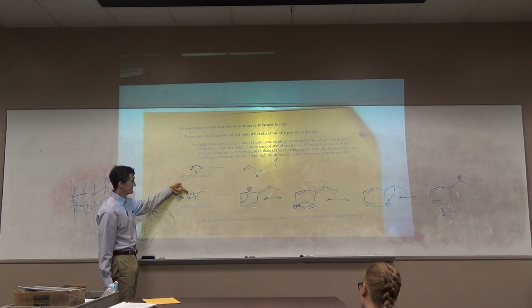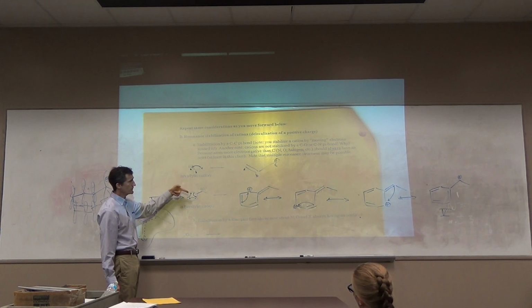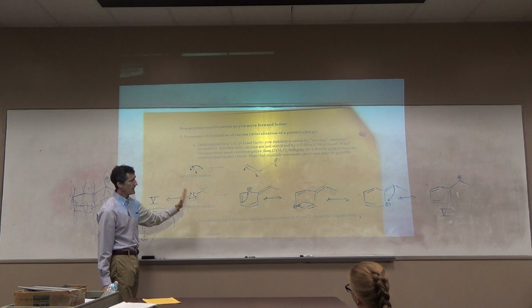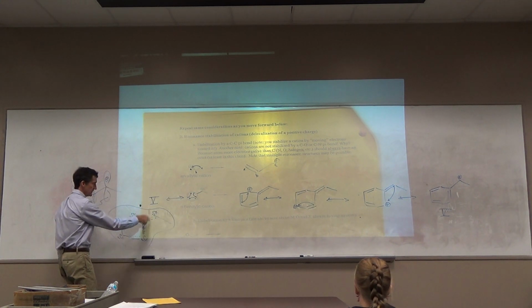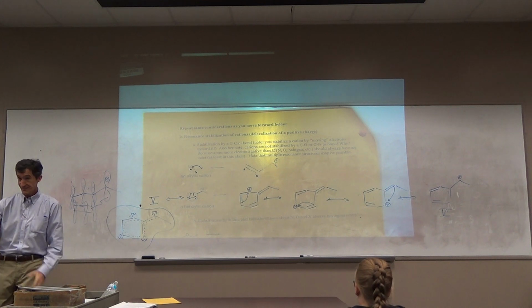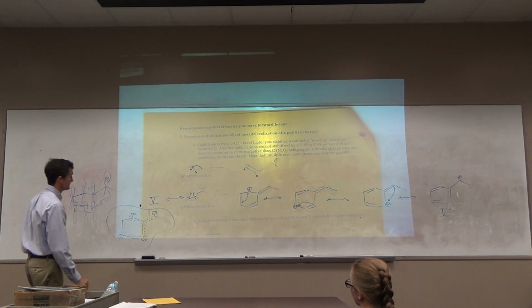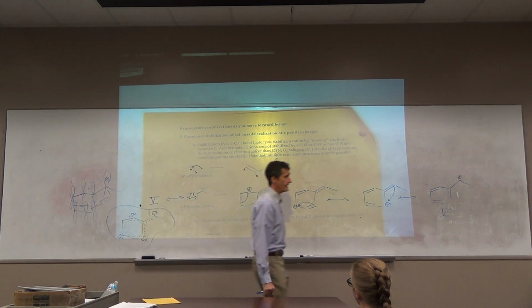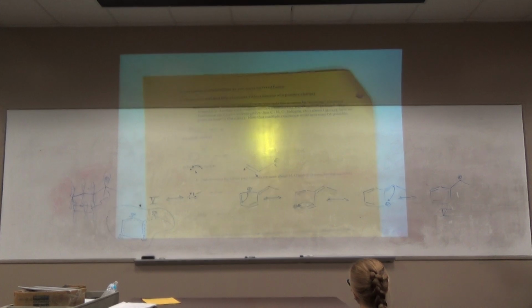That's an overstatement. The true structure becomes a blend, a composite, a hybrid of those that you can draw. It becomes this sort of blend. It becomes harder to draw.